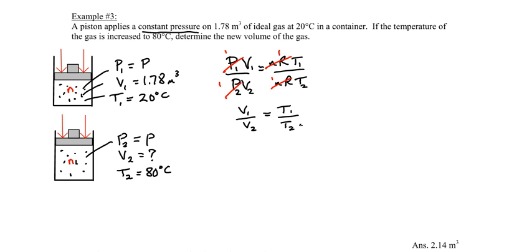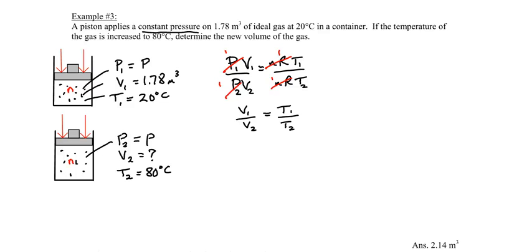And then we now need to start substituting in. However, there is a very typical mistake that people make at this juncture in time. What do you think it is? The common mistake is that people forget to convert the temperature to Kelvin. The temperature T must always be an absolute temperature.